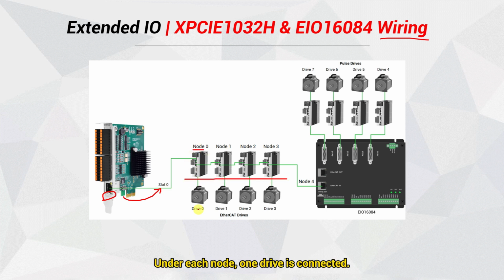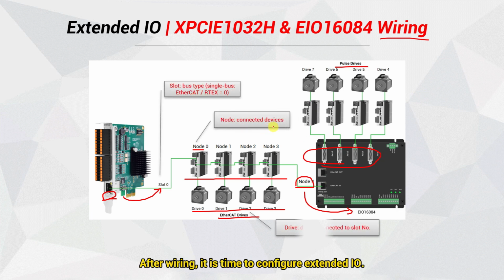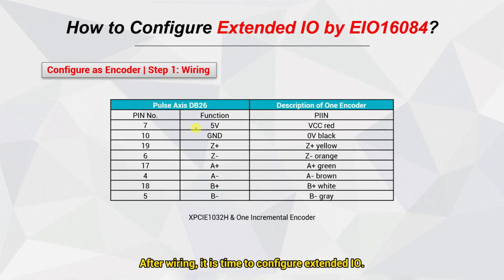Under each node, 1 drive is connected. Then, it will be drive. Because they communicate by EtherCAT. EtherCAT drives. It can be known the 5th device is EIO16084. It only has pulse axes. Connected are pulse drives. After wiring, it is time to configure extended I/O.